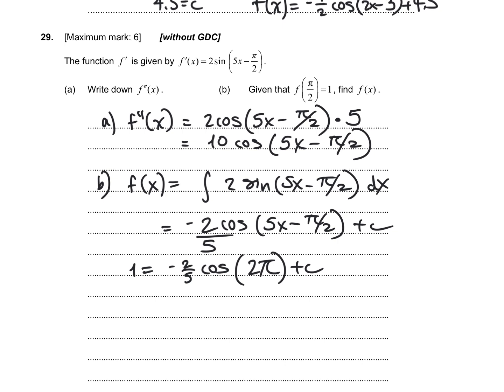Cosine 2 pi is 1, so we just add 2/5 over, so that's going to be 7/5 is c. So f at x is negative 2/5 cosine 5x minus pi over 2 plus 7/5.